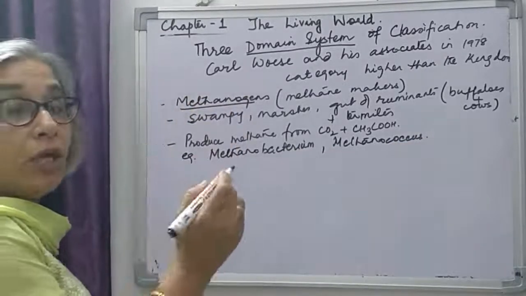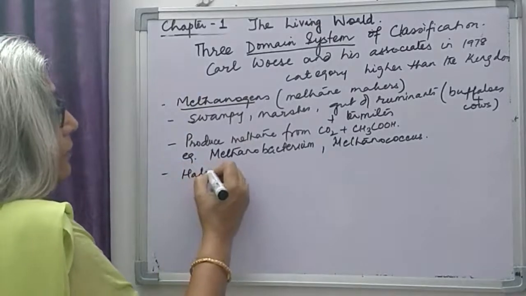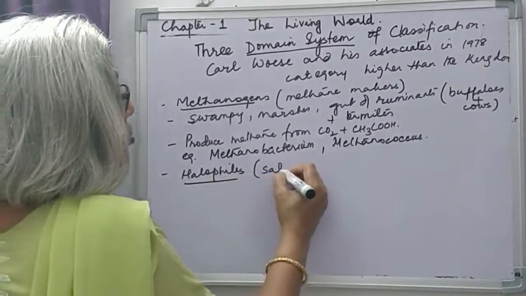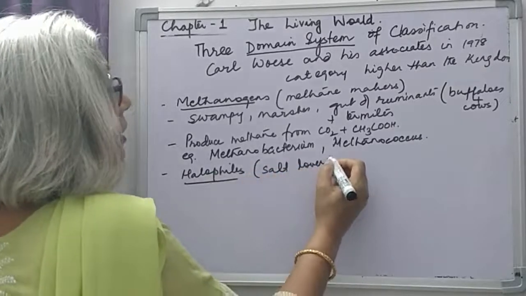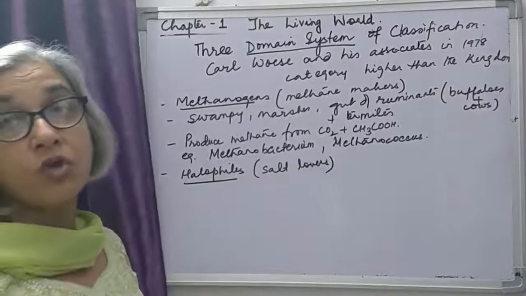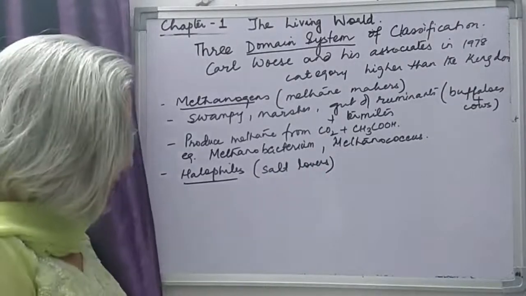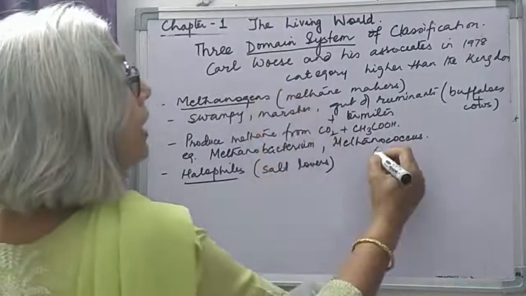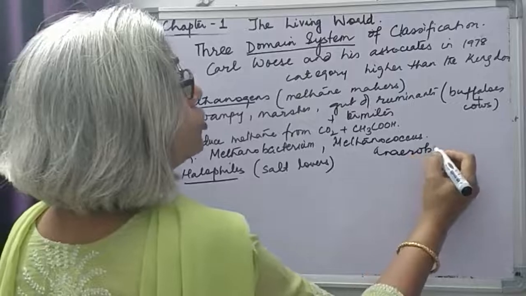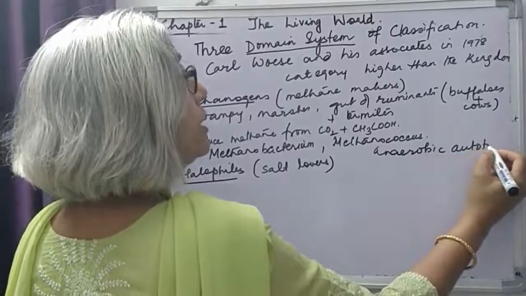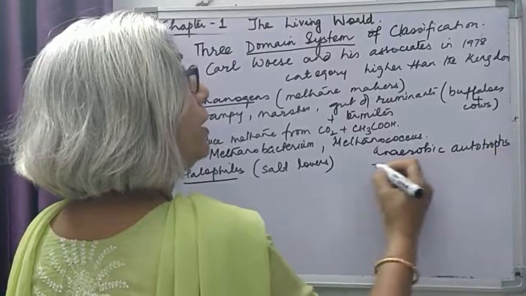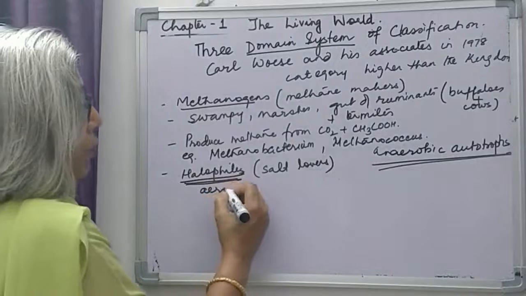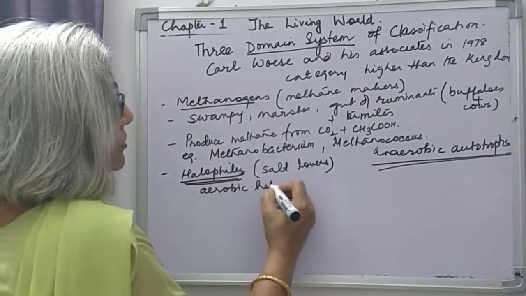Then we come to the second group, the halophiles. As told earlier to you that they are salt lovers found in high concentration of salts in oceans, etc. And they are aerobic heterotrophs. The methanogens are anaerobic autotrophs, whereas halophiles are aerobic heterotrophs.